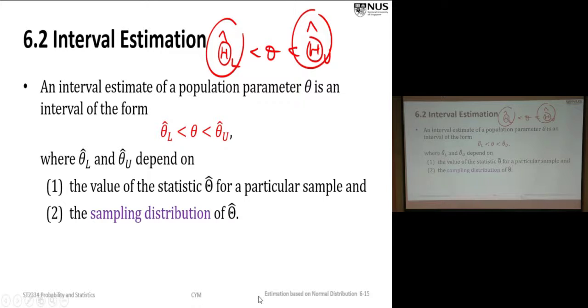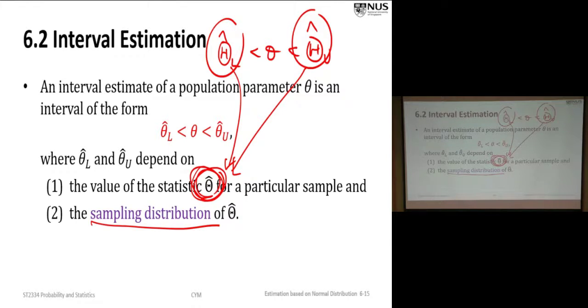This confidence interval depends on the value of your random variable theta hat, and also the sampling distribution of this random variable. These two limits basically come from theta hat. You just have to add or subtract something, for example for the estimation of mu.